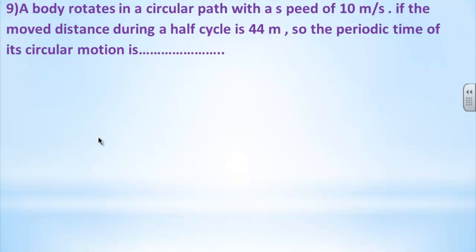9. A body rotates in a circular path with a speed of 10 meter per second. If the moved distance during a half cycle is 44 meter, so the periodic time of its circular motion is: A. 22 second, B. 8.8 second, C. 4.4 second, D. 22 over 7 second.